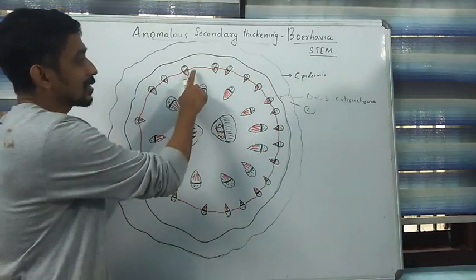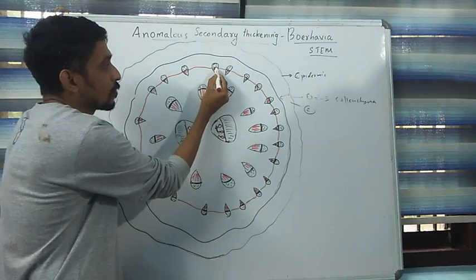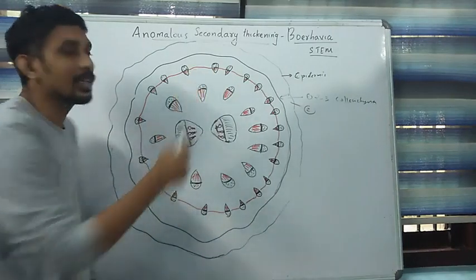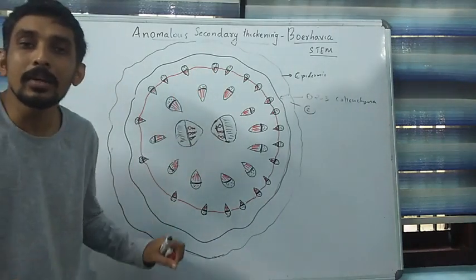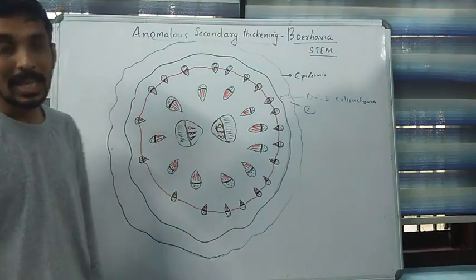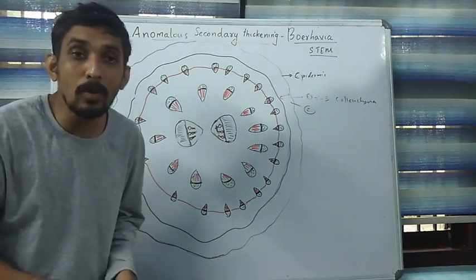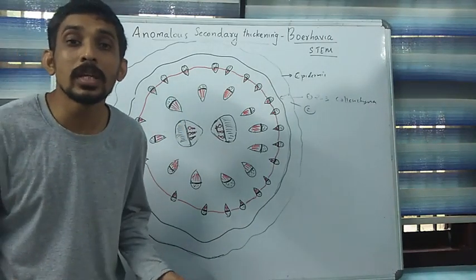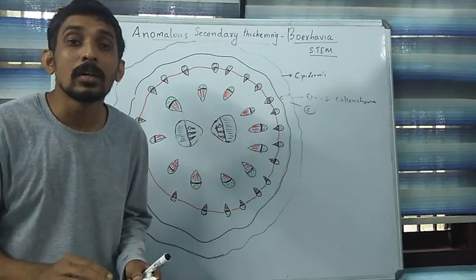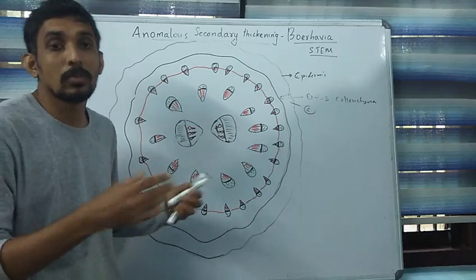And one more thing is that this fascicular cambium, the black colored fascicular cambium, and the red colored interfascicular cambium, unite together and form a cambial ring. This cambial ring is made up of only fusiform initials, or fusiform cells.